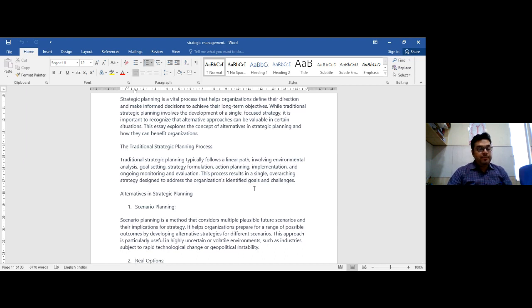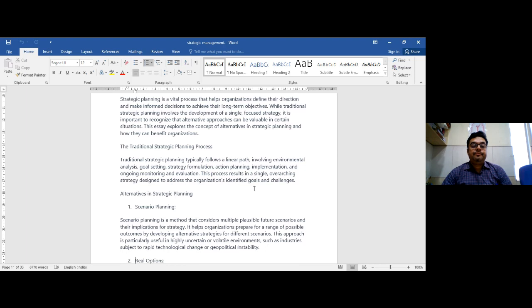The strategic planning process also would consider the process of managing the strategy to the manager and aligning it with the organization at large.